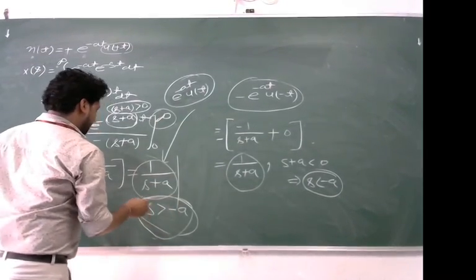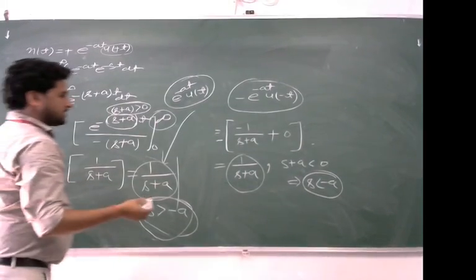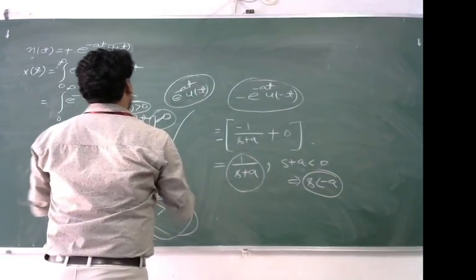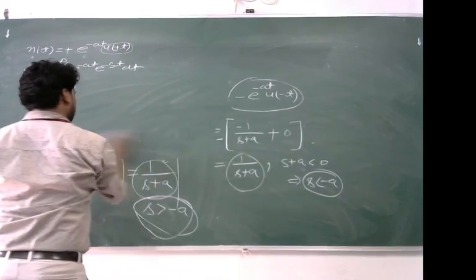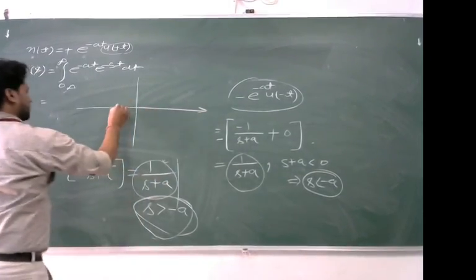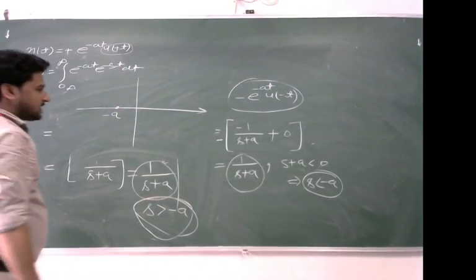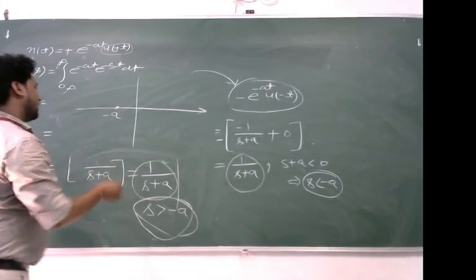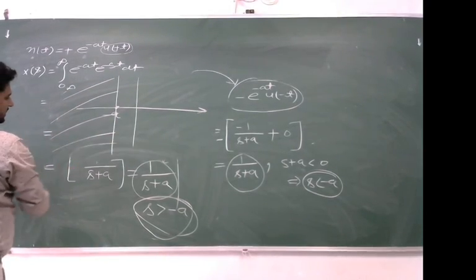This will exist only for s greater than minus a. Suppose a is a positive value, so minus a will be somewhere here. The Laplace transform of the first function will exist only for s less than minus a, means only in this region.